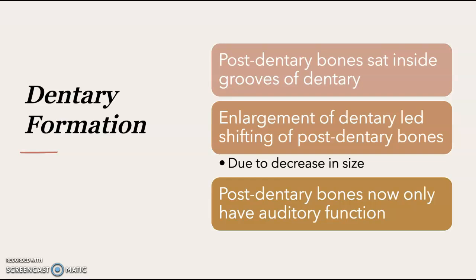But when the evolutionary shift occurred, which was triggered initially by the secondary jaw joint formation, these bones moved towards the middle ear. So the enlargement of the dentary is what led to these bones decreasing in size and shifting towards the middle ear. Again, this was allowed to happen because these bones, the quadrate and articular, only functioned in auditory function now.